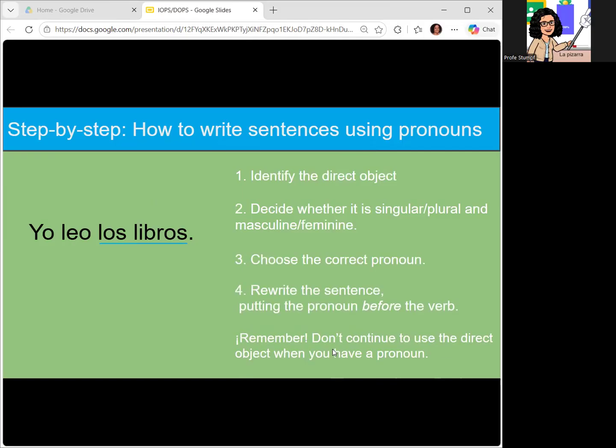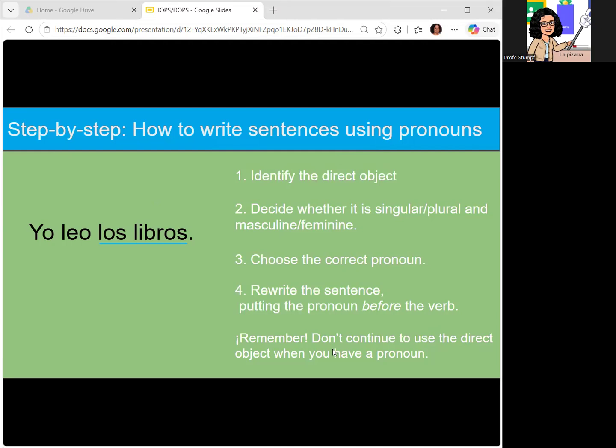Fourth step, rewrite the sentence, putting the pronoun before the verb. One thing that I forgot to mention earlier, the direct object pronouns do go in front of the verb once you use them in Spanish. So they can go between the subject pronoun and the verb, or you can just omit the subject pronoun of the sentence completely and begin your sentence with the direct object pronoun: los leo or yo los leo.